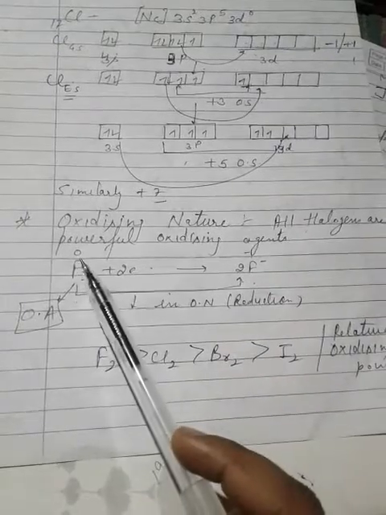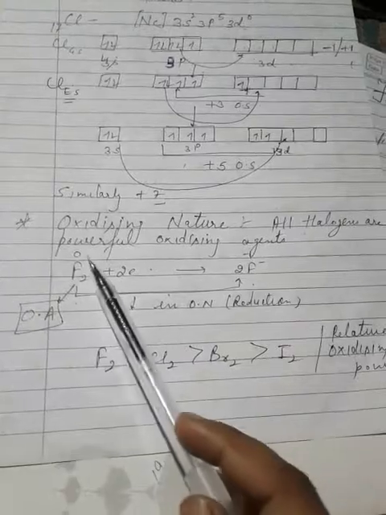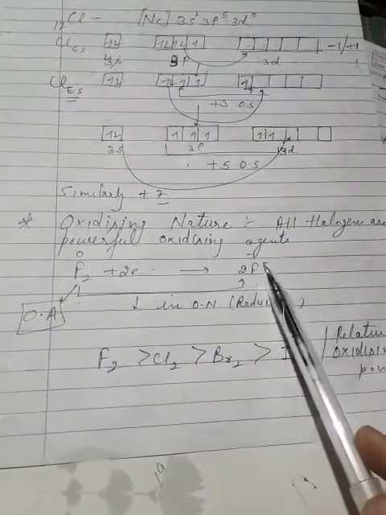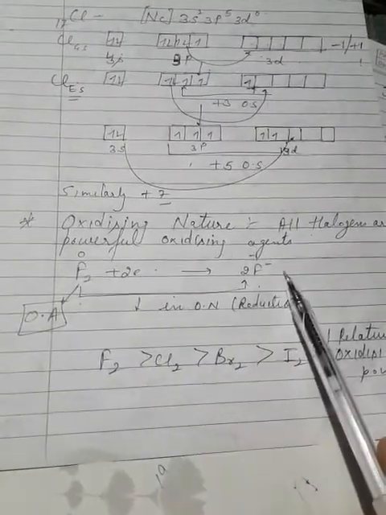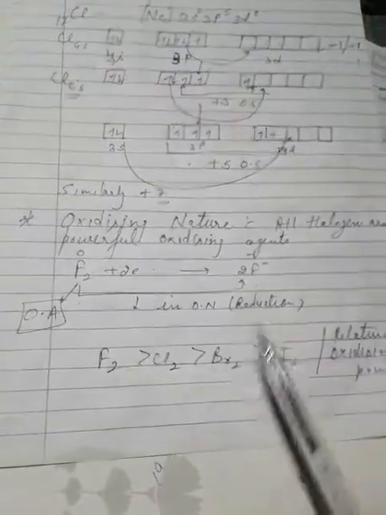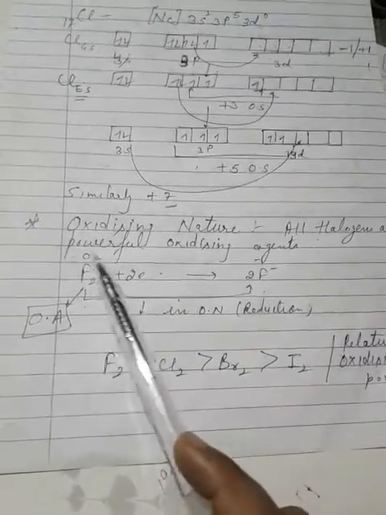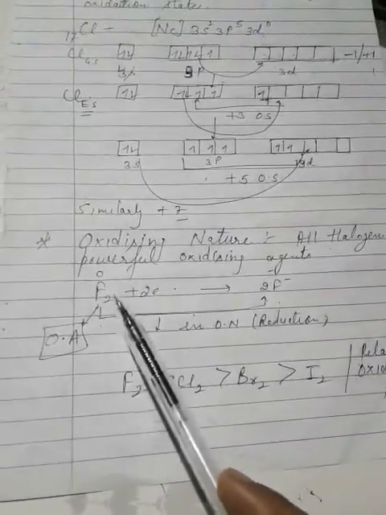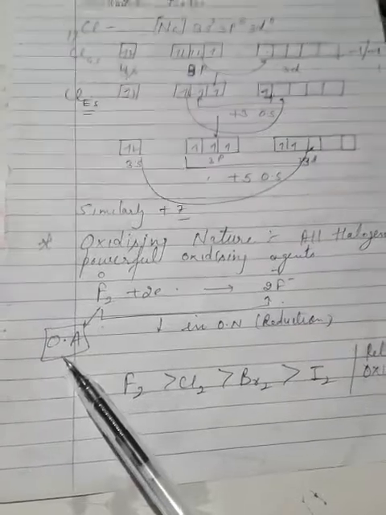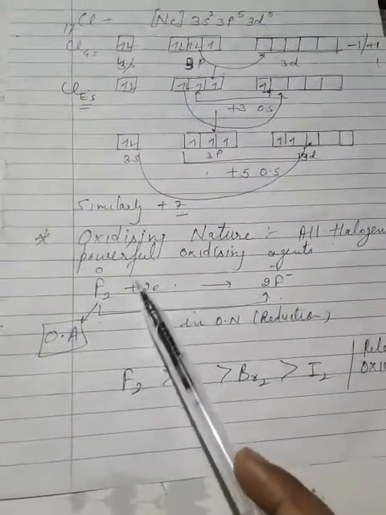Now you can use your redox concept. F2 is in 0 oxidation state, F is in -1 oxidation state. 0 to -1, is it an increase or decrease in oxidation number? So there is a reduction. So this fluorine is undergoing reduction, and we know that the substance which undergoes reduction acts as an oxidizing agent. Oxidizing agent in the sense that they are going to accept 2 electrons.